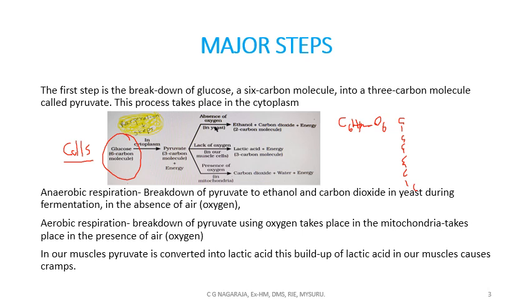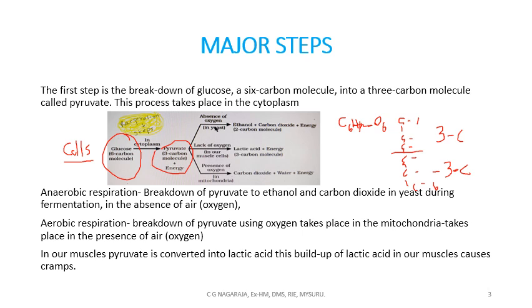See, 1, 2, 3, 4, 5, 6 carbon molecules are there, and that is a chain. And the first thing is this chain breaks into 3-carbon molecules, and that 3-carbon molecule is called pyruvate or pyruvic acid. That's what we have shown here, and this is the pyruvate.